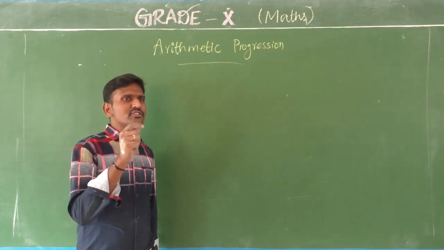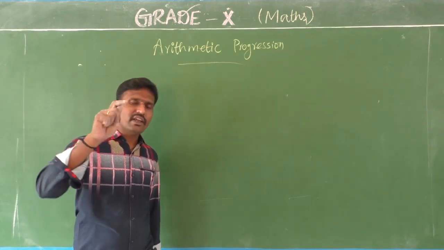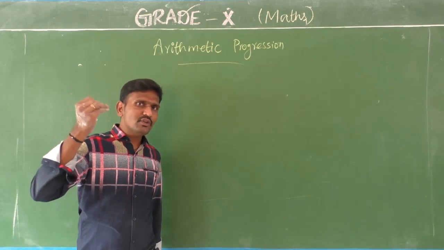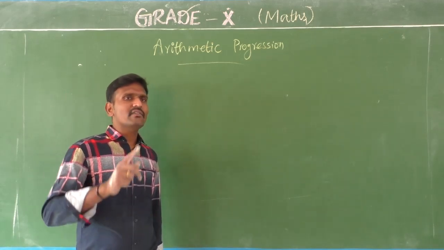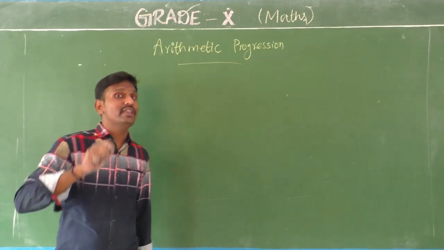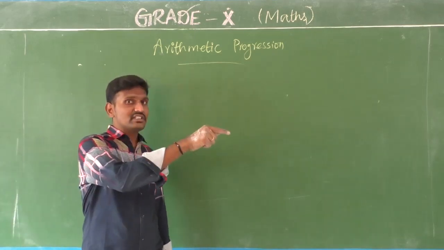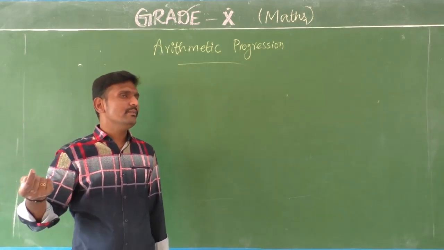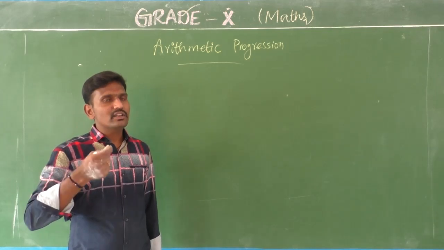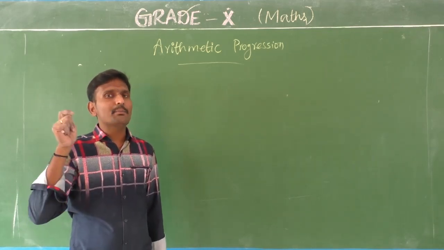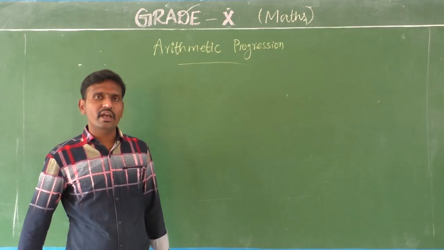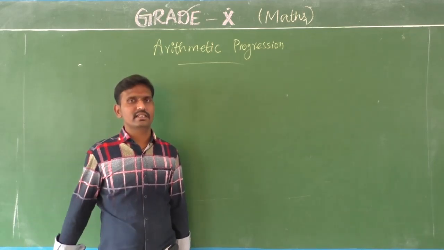Now coming to the finite series, you don't have the value of n, only the first term and the last term. We have to use the nth term formula to find the number of terms. So that pattern of sum we completed in the previous exercise.